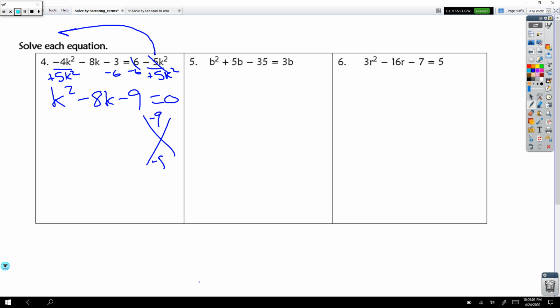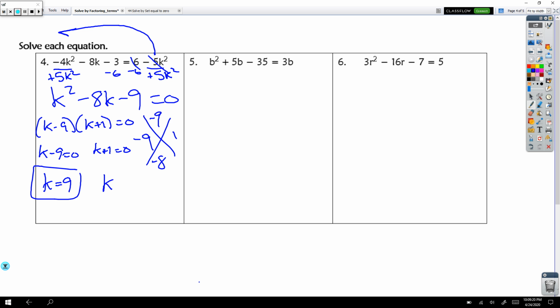Big X. My factors of negative 9 that would add up to negative 8 would be negative 9 and 1. So k minus 9, k plus 1, setting them equal to 0. Add the 9, subtract the 1. And we're done.